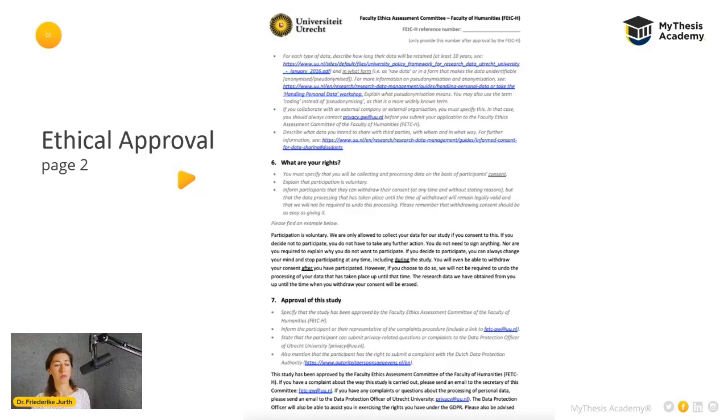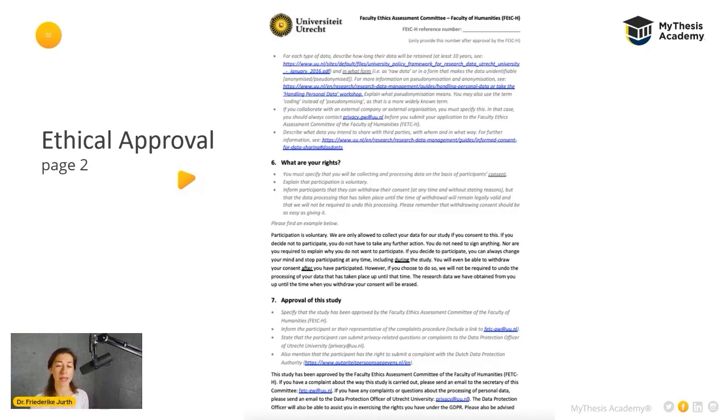And then you can see as a 6th and a 7th point, first, the specification of the rights. So here you must specify that you will be collecting and processing data on the basis of participants' consent. And you also need to declare that the participation is voluntary.